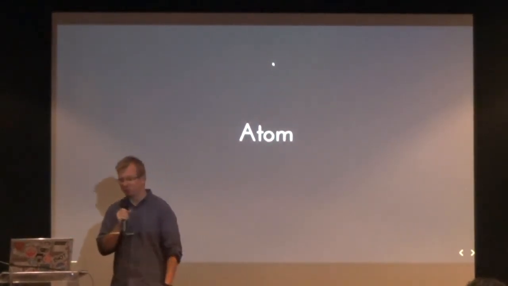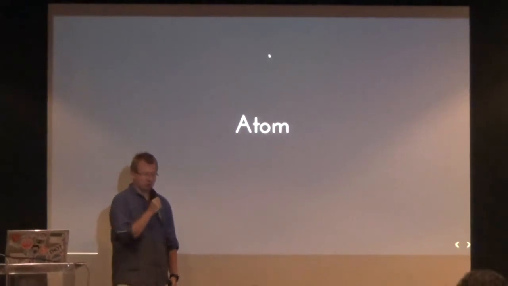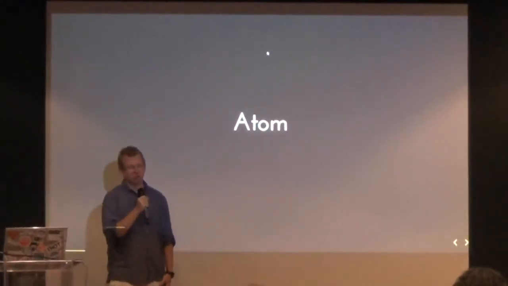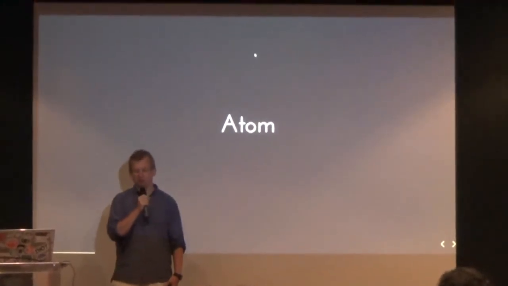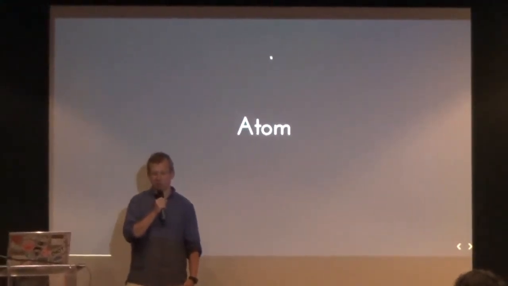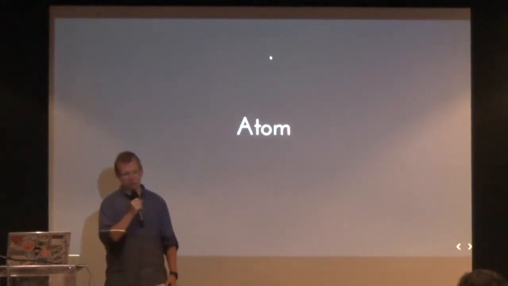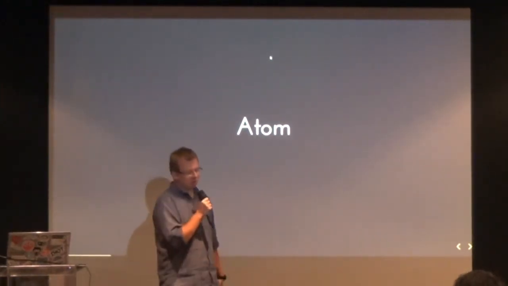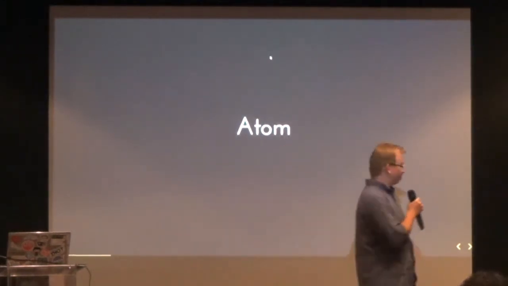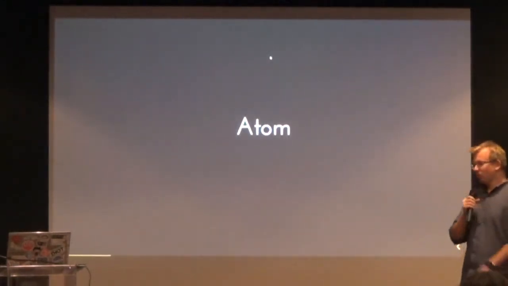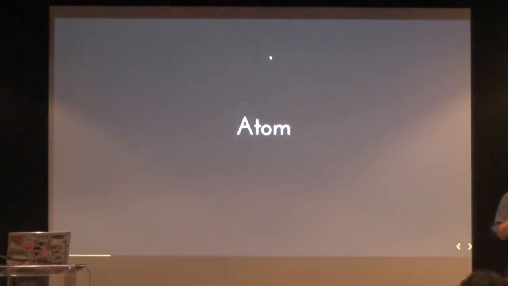A few pieces of information about Atom. Atom was super interesting, mostly because the model was totally different than any other editor before, at least any other editor I know. Most editors, most IDEs have some kind of extension system that you can write your own plugins for, and that's fine. What's interesting about Atom is that every core editor functionality was an extension on its own.